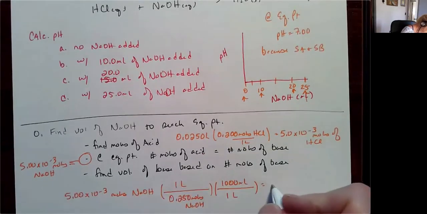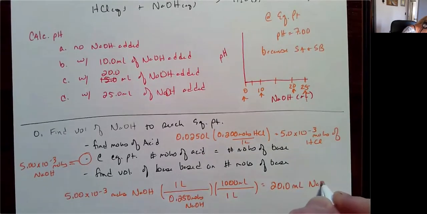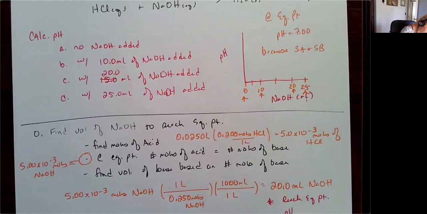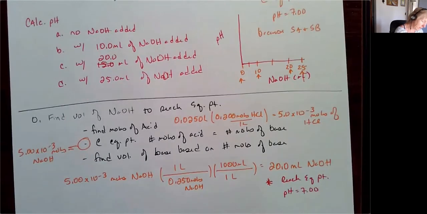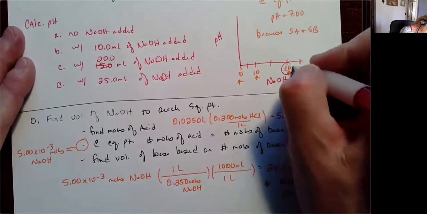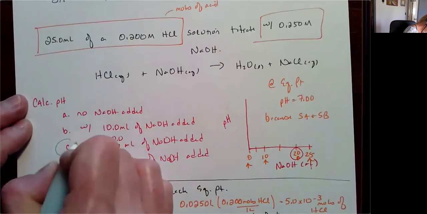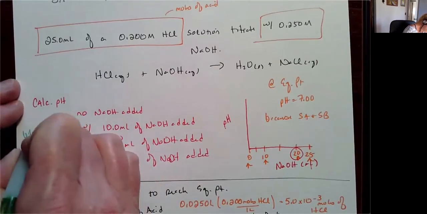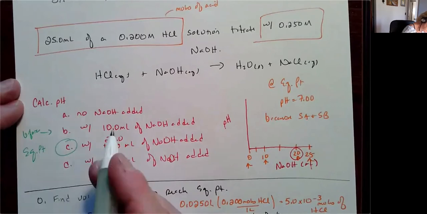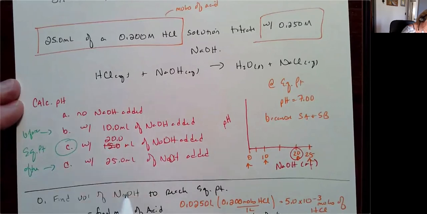That tells me that I need to add in 20 milliliters of sodium hydroxide, and this is to reach the equivalence point. And at the equivalence point, my pH is then equal to 7. I know here, this is where my equivalence point is. So this is my equivalence point. This is before, so I'm going to have excess acid here, and this is after, so I'm going to have excess base here.